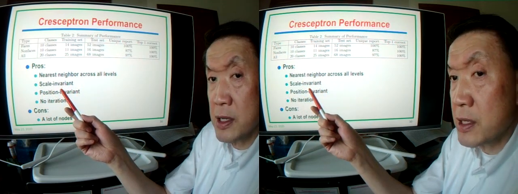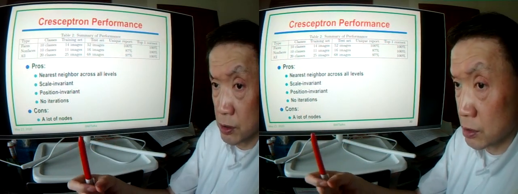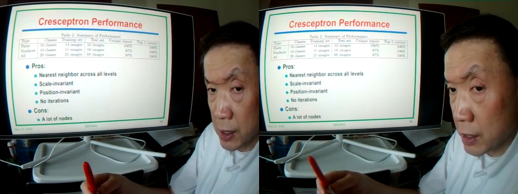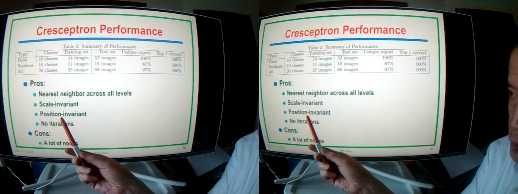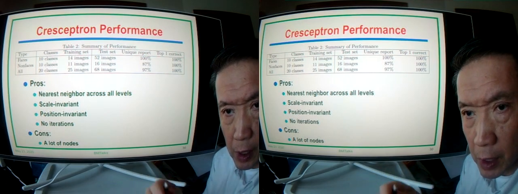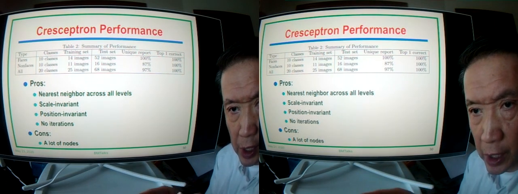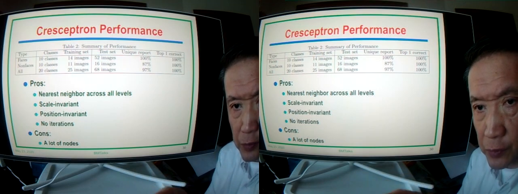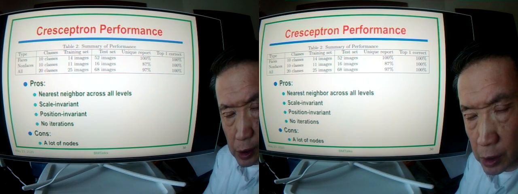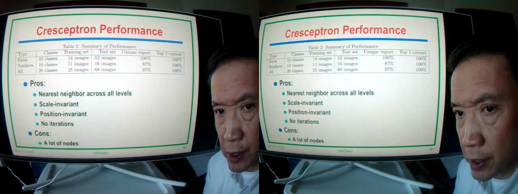And scale invariant: it could be any different scale, small or big, smallest from 32, and to all the scales that fit into the input image. Position invariant because of the convolution, and they apply the same feature detector at different pixel locations at a stride pace. So that will be position invariant.